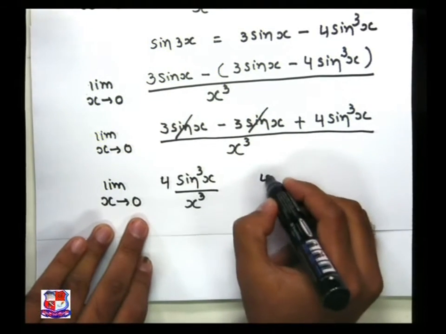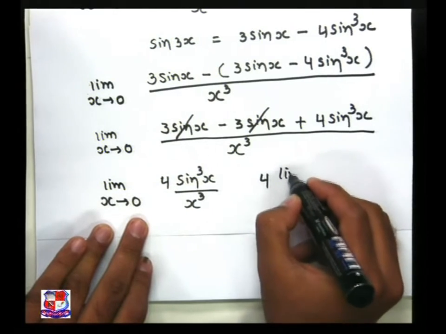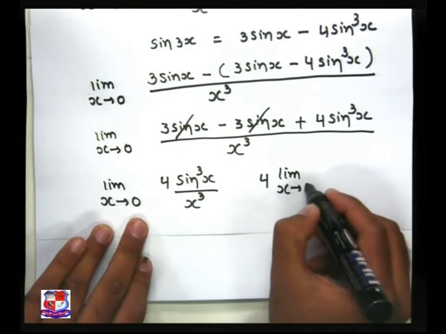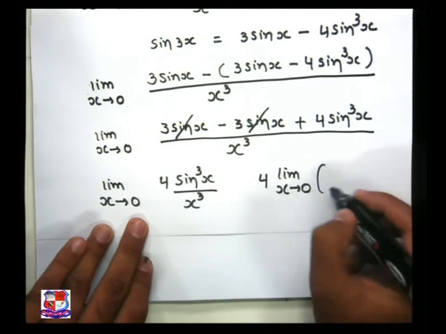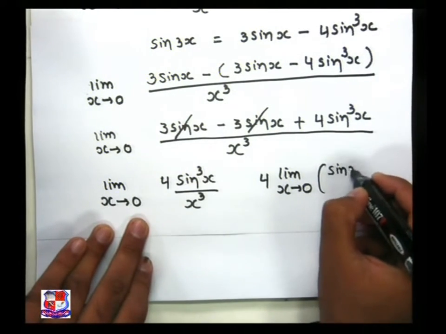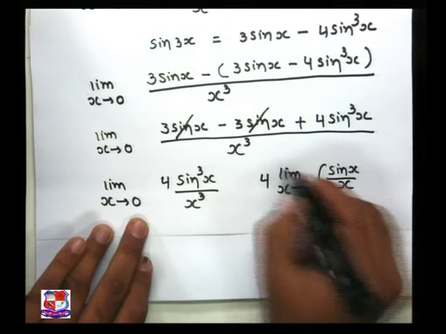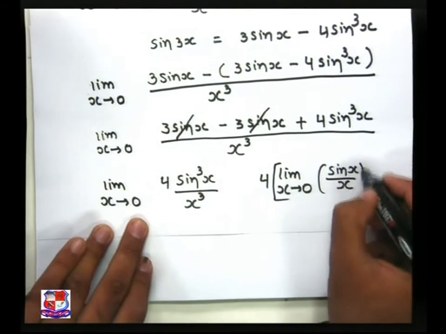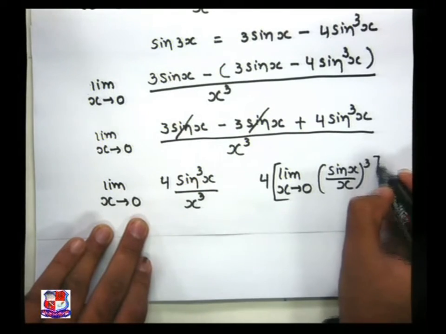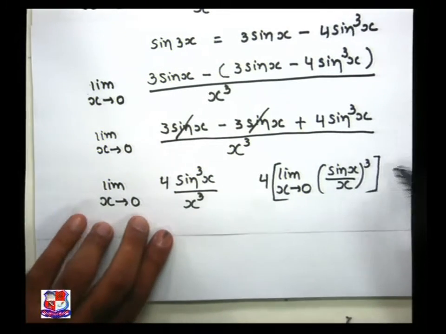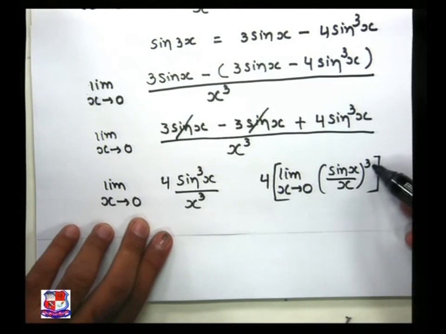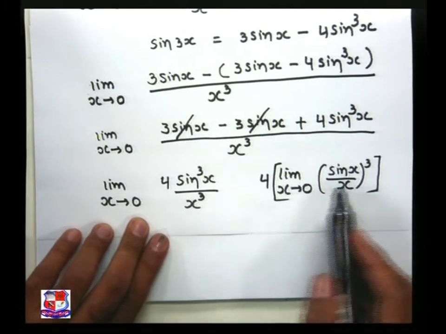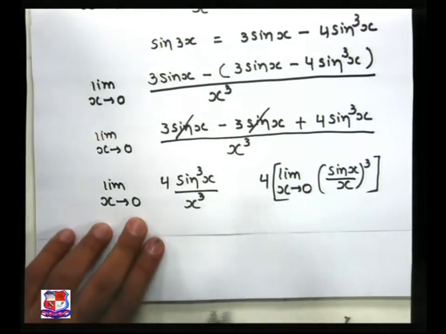At present 4 is a constant, and we can write limit x tends to 0, sin cube x divided by x cube in this way, sin x divided by x raised to 3. So the 3 multiplies with sin cube x, and this x multiplies with its power, that is x cube. So ultimately both are the same.